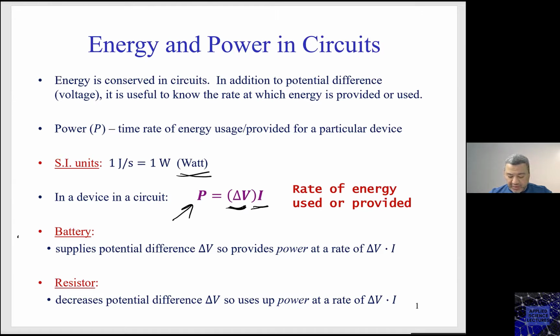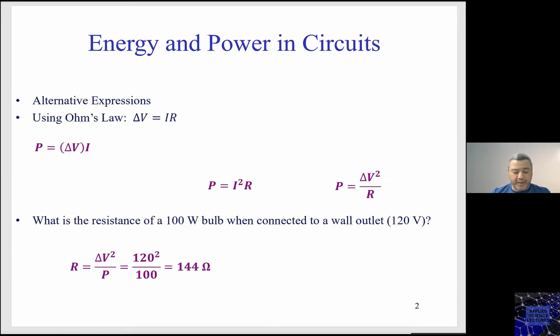So the power that is absorbed in those resistors is given by the same equation, the potential difference times the current, as for the batteries. However, the battery is supplying, and the resistor is absorbing.